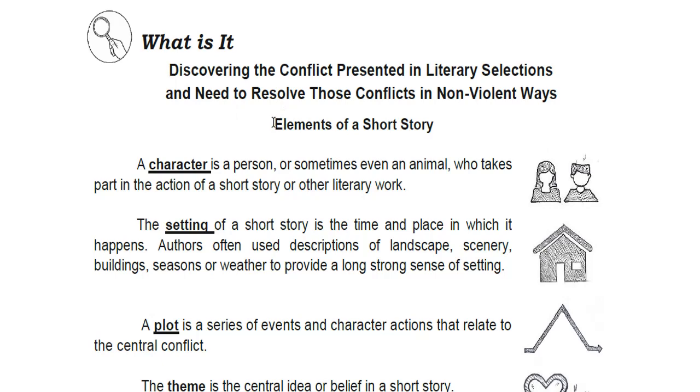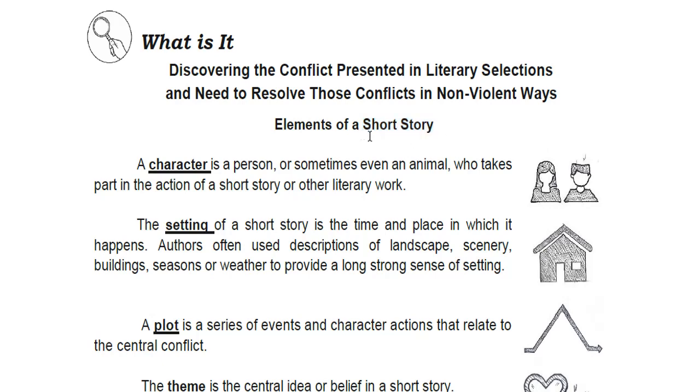So in this part of the module, we will be discussing the elements of a short story. So when we say short story, students, it is a story with a fully developed theme. But of course, it is shorter and less elaborate than a novel.